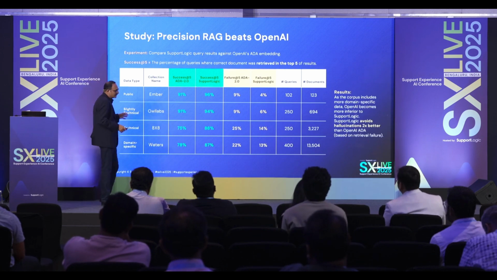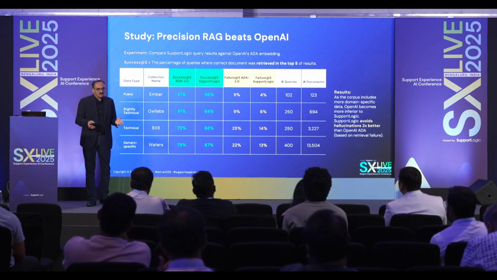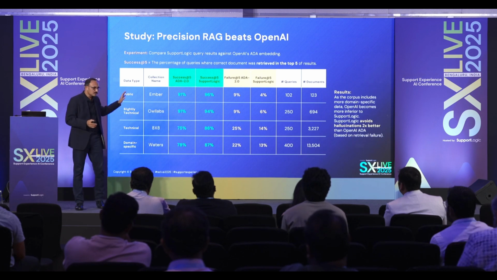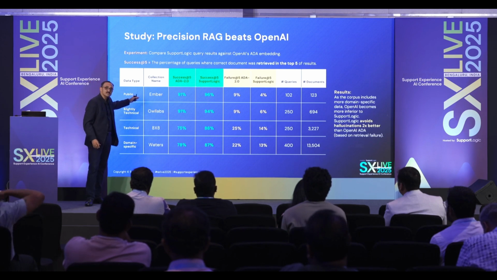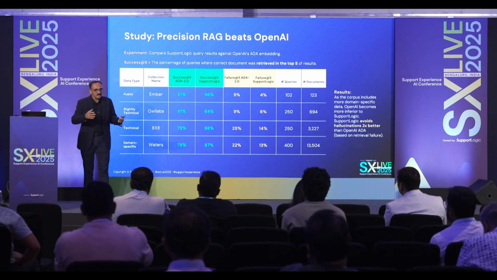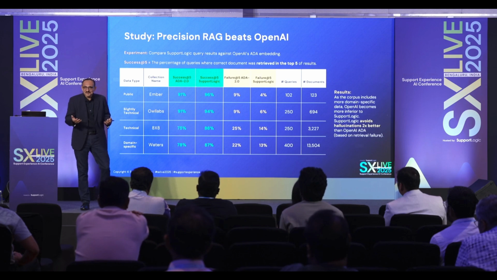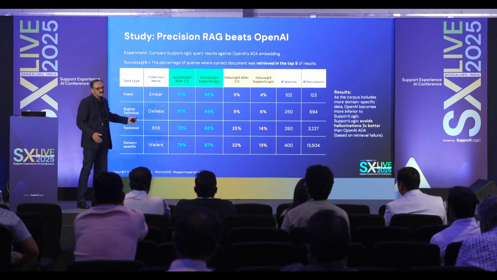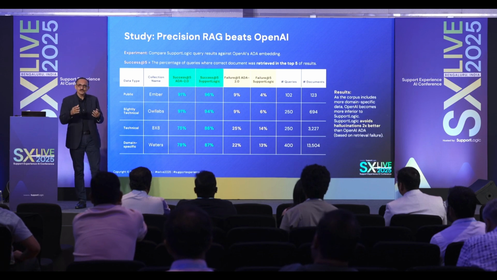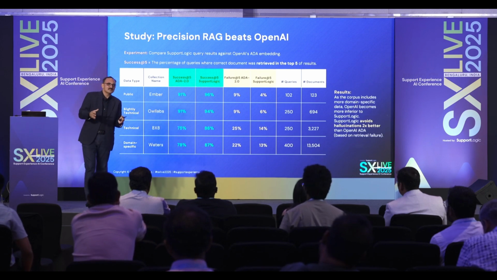A few months ago, we ran a benchmark across four organizations that we work closely with. Amber is the simplest use case. They sell coffee mugs, so you can imagine the kind of tickets and data they would be processing. And it goes down to Waters, which is very domain specific, with queries that are very technical and complex in nature.